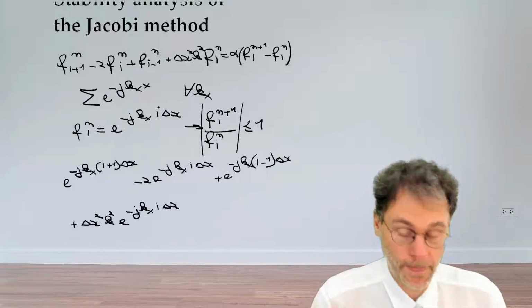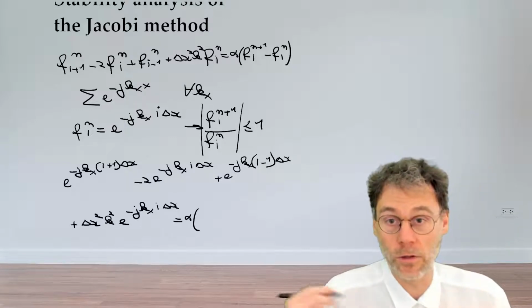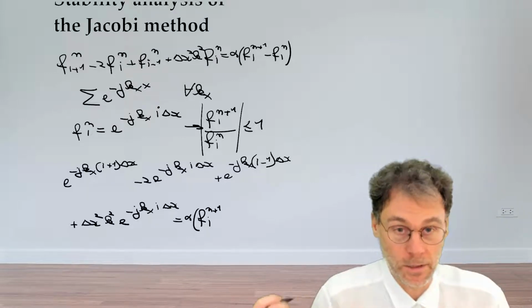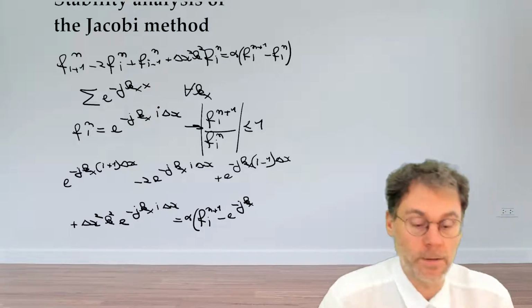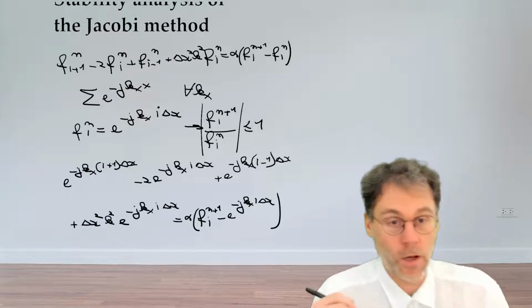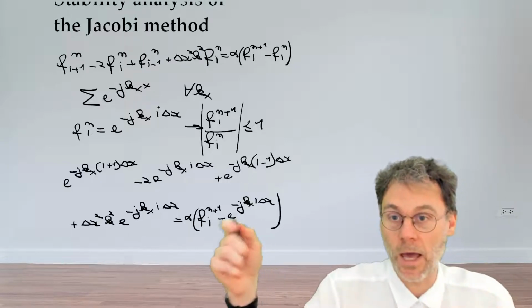And that should be equal to alpha times the difference between the new field and the old field. So the new field that we're going to calculate is this guy, and the old field is exponential minus j kx i delta x. Okay, so that's basically what we have here.